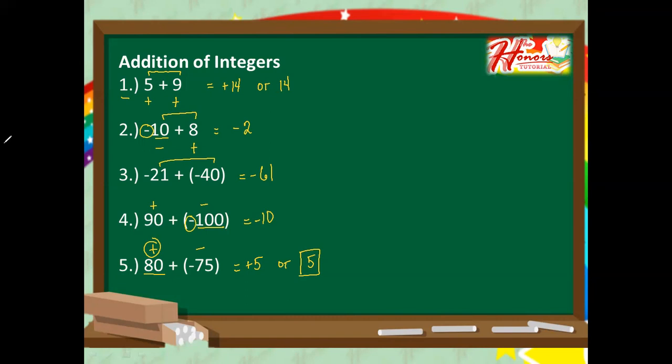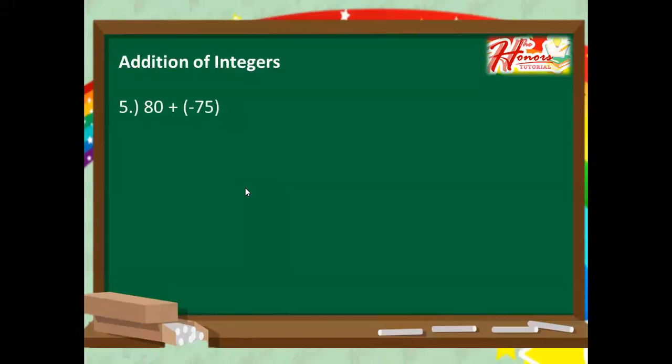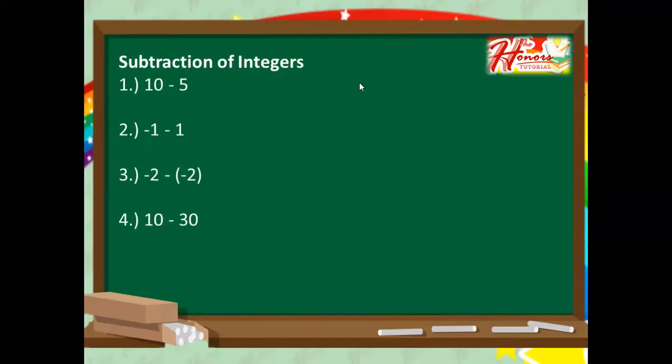Next, let's have subtraction of integers. So we have here 10 minus 5. We have here a positive and a positive number that we are going to subtract.